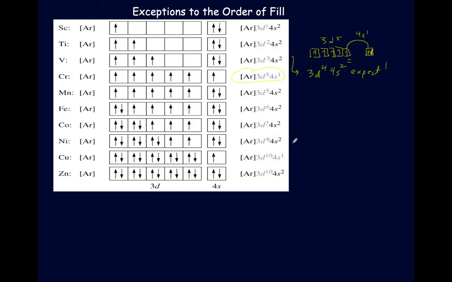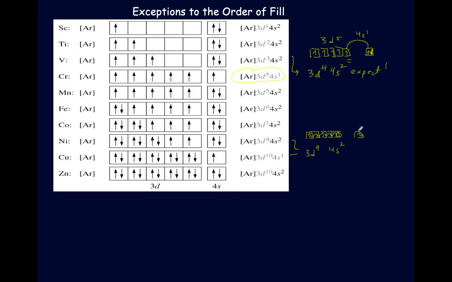And then when we get to copper, again, we're expecting copper to be 3d9 4s2. But again, there's a problem with this, because if you take 3d9, if you take our 5 boxes again, and my 4s2, if we look at this, 1, 2, 3, 4, 5, 6, 7, 8, 9, we have an empty space there. And this is 4s2.